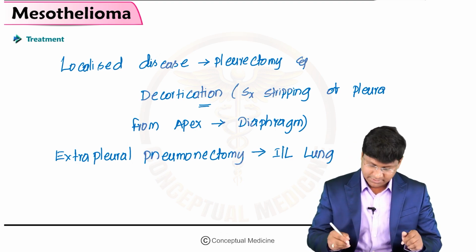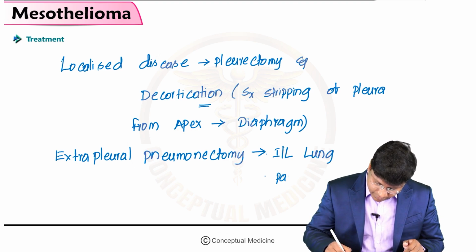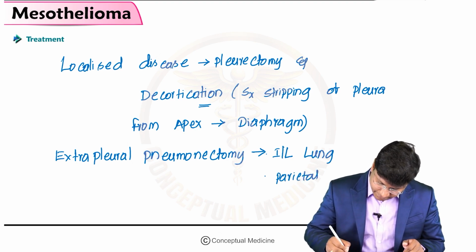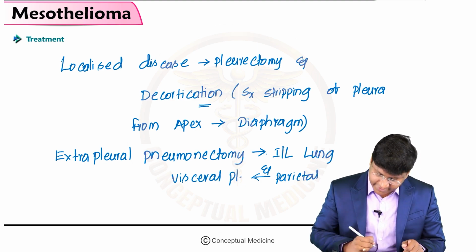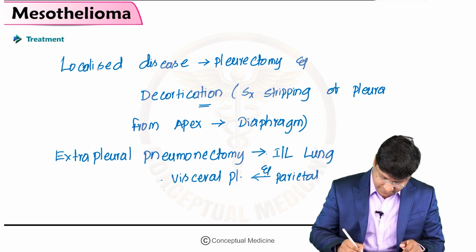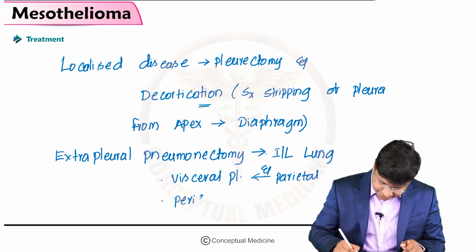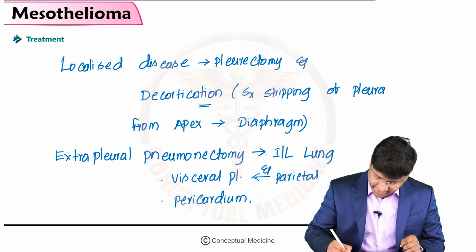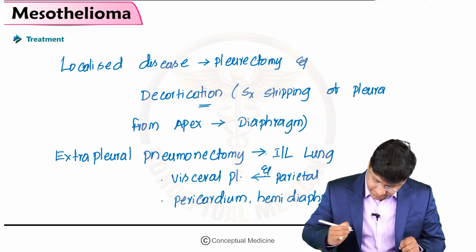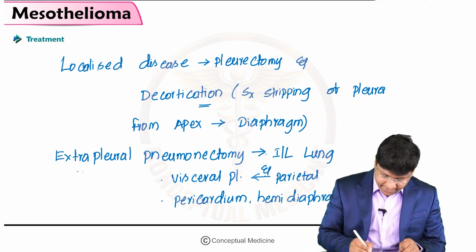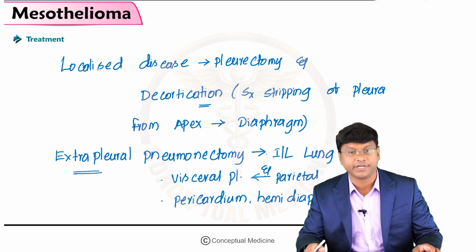Mainly the involved lung, and along with that, removal of parietal as well as visceral pleura, pericardium, and most of the hemidiaphragm. Right, so these are the structures which are removed in extrapleural pneumonectomy.